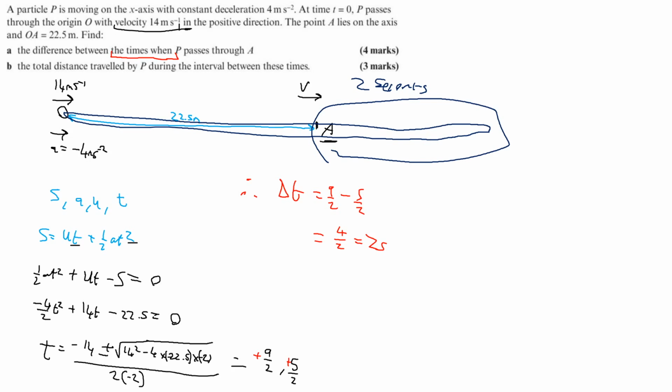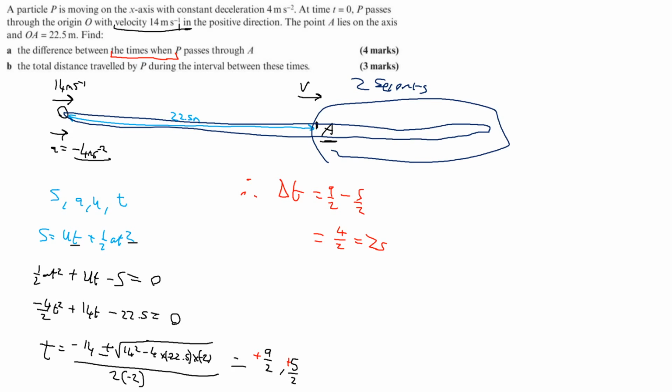We want to work out the distance at which t equals 0. And then we work out the distance, and then we double that distance. So first things first, let's work out what this final velocity is. We have a distance, we don't have time. That's the only thing we don't have between this area, okay?